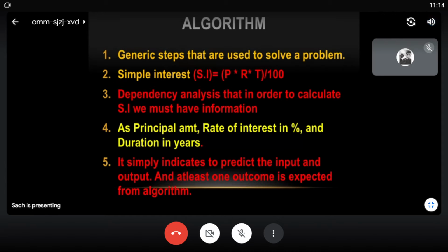So over here, we should also know the processing information, and the most important is you must have some outcome. Whether you have 1 or 0 inputs, whether you don't have any processing, your algorithm must have at least one output. It should be simple and it is expected that it is understandable by all without having ambiguities.